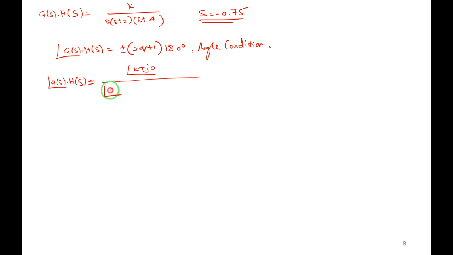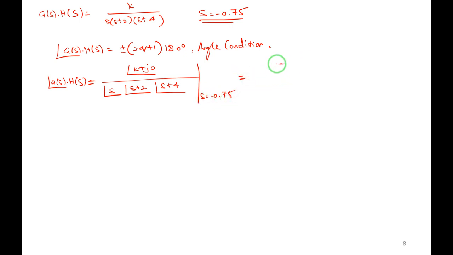So angle of S plus 2. I am splitting the angle for numerator and denominator. There are several factors, three factors, so I will separate the angles, angle of S plus 4. So what is the value of S? Here S equal to minus 0.75.